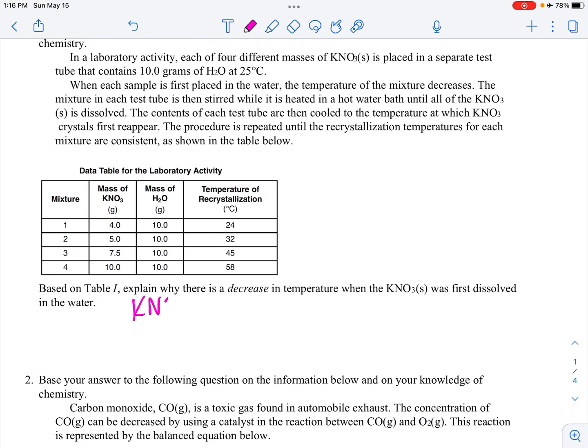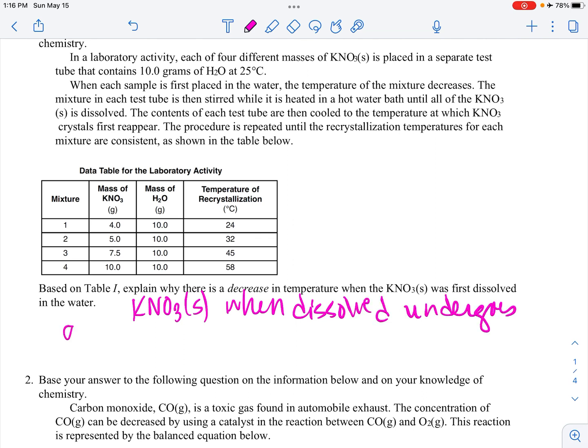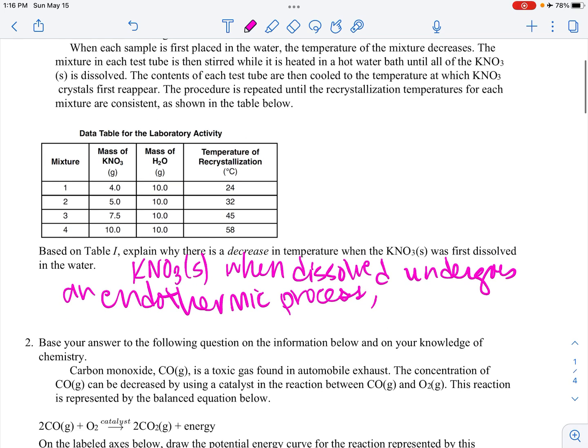So KNO3 solid, when dissolved, undergoes an endothermic process. And when something is endothermic, that's going to be absorbing heat. So heat is absorbed and temperature would thus decrease.